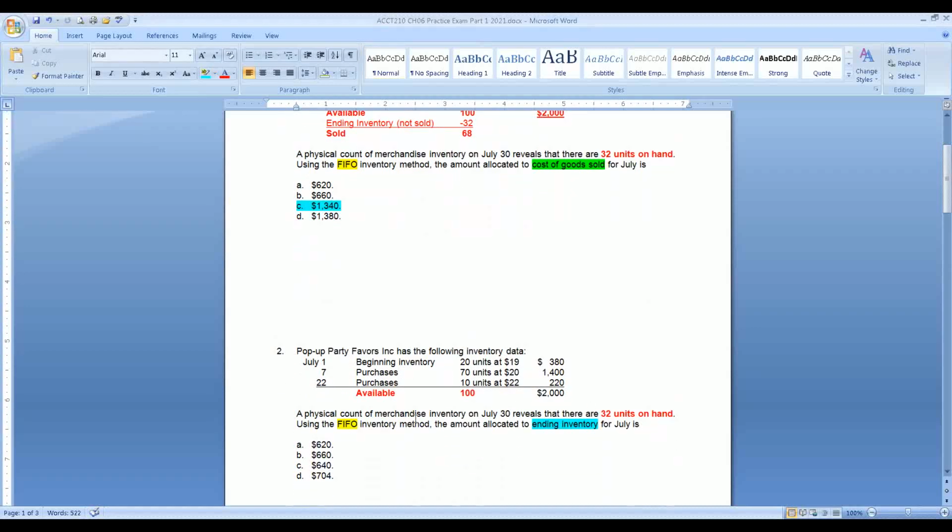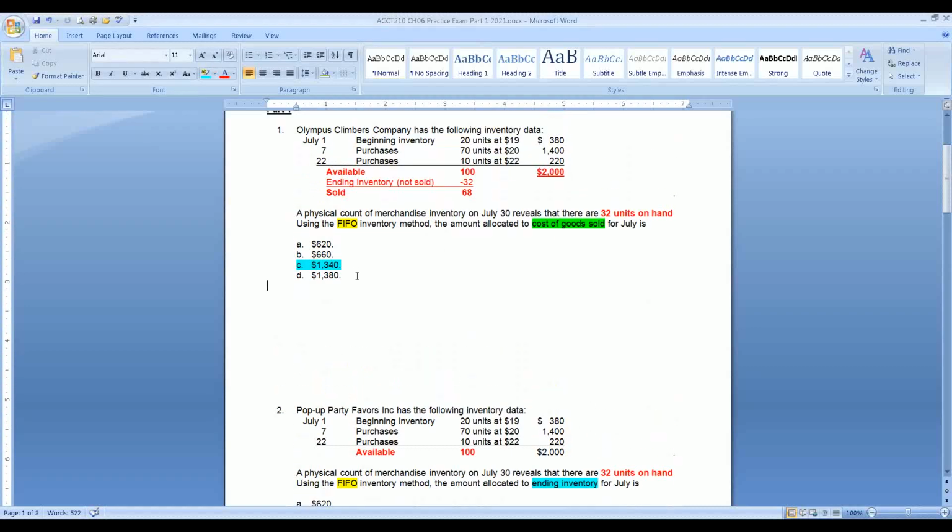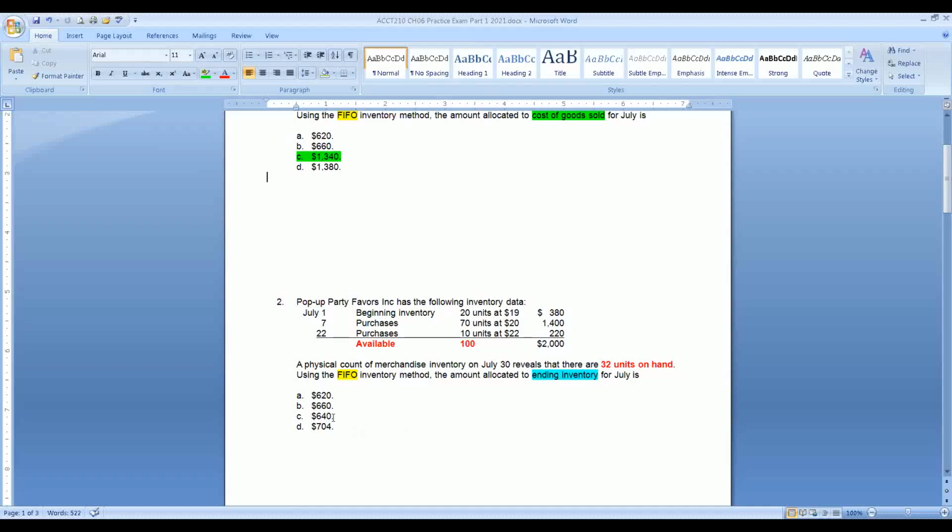Number two, B. Oh, I should put that in green because it goes along with the cost of goods sold. All right, ending inventory. B is correct, 660, and I'll go through these later on. So this is 660.